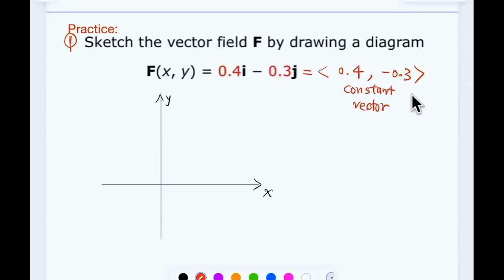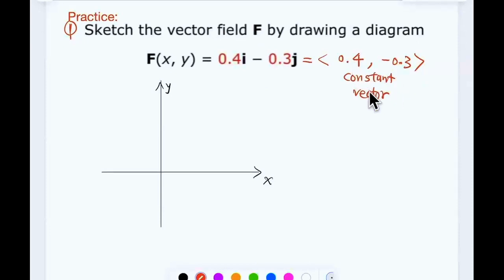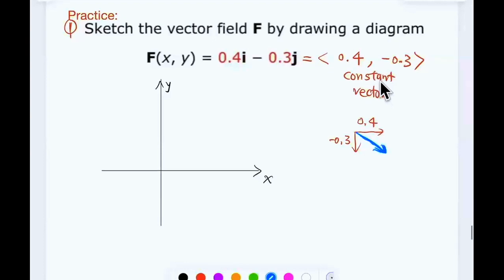So how does it look? Along the x direction, you go 0.4, and then along the y direction, you go down 0.3. So the vector is going to look like this. For every point over here, you're going to have this vector.